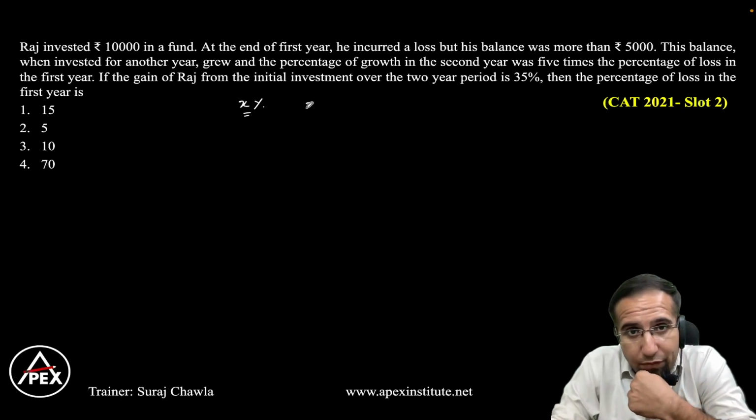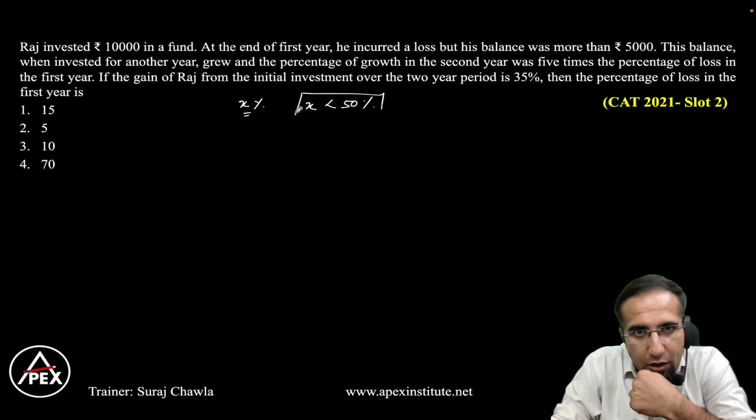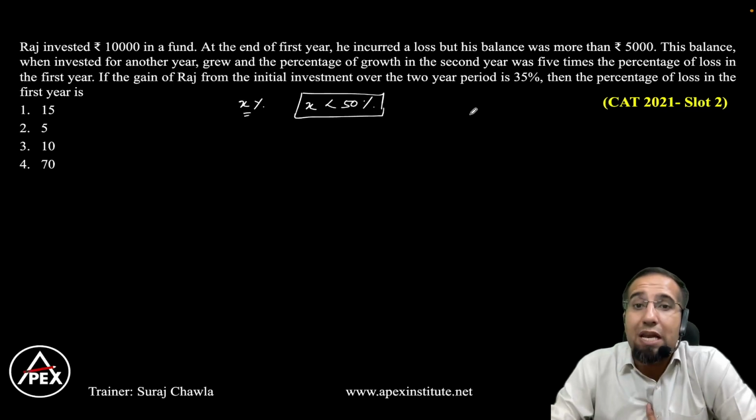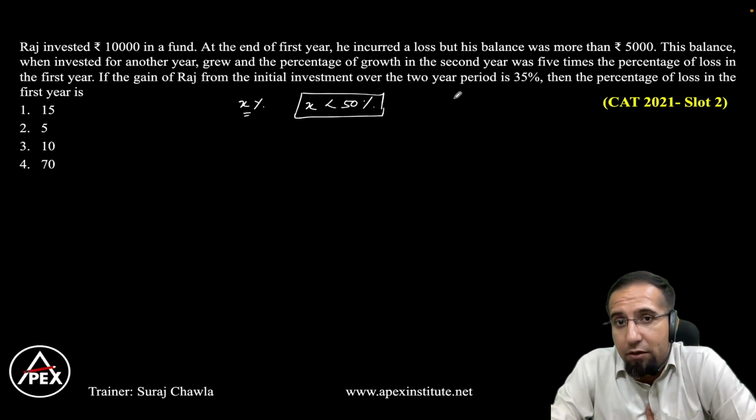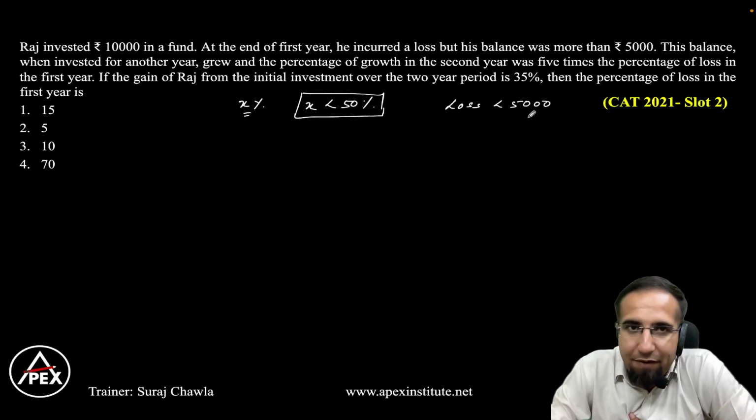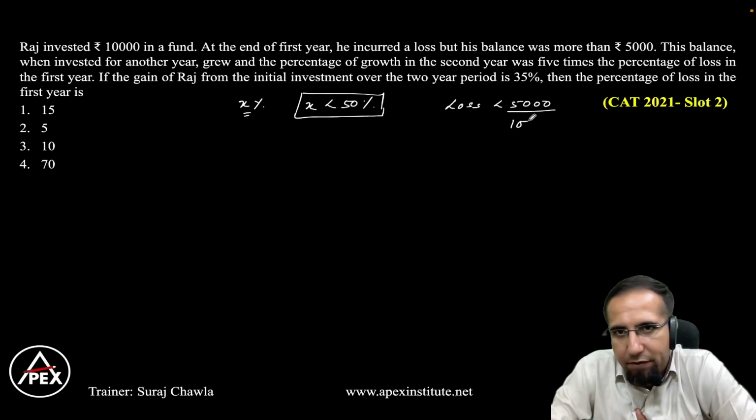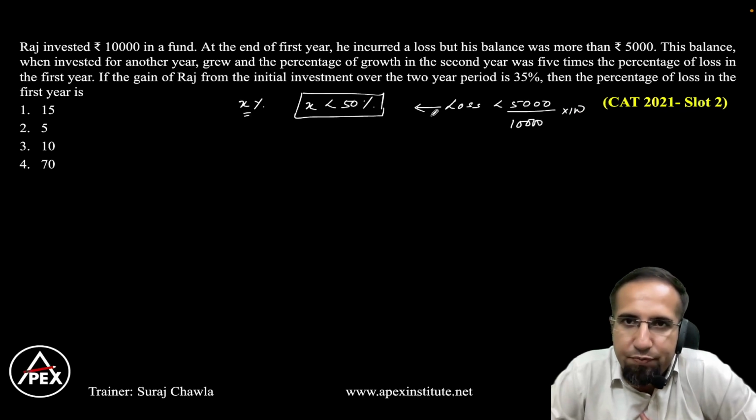That means the value of X should be less than 50 percentage, because the loss is less than 5,000. I repeat, since the balance is more than 5,000, the loss value is less than 5,000, which means the loss is less than 5,000 upon 10,000 into 100 percentage.